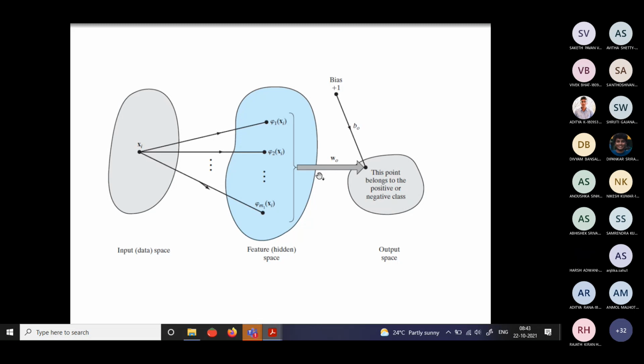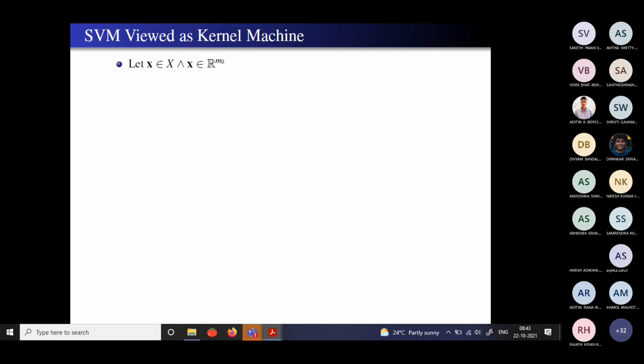Then we have a weight space with some bias, and the output belongs to either the positive class or the negative class. This is your output space. This looks very similar to the radial basis function network, but as I told you, SVM provides an analytical approach for how many features should be in the feature space.